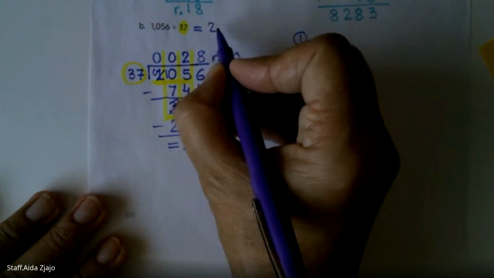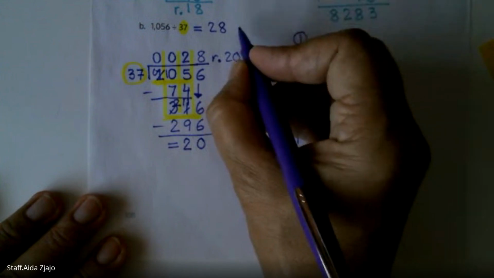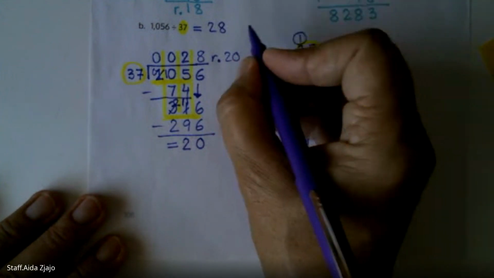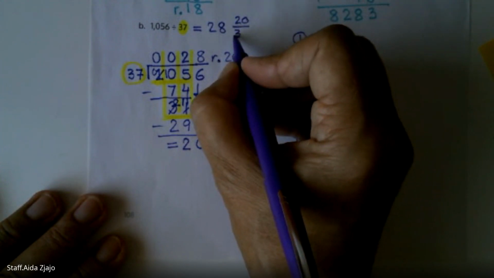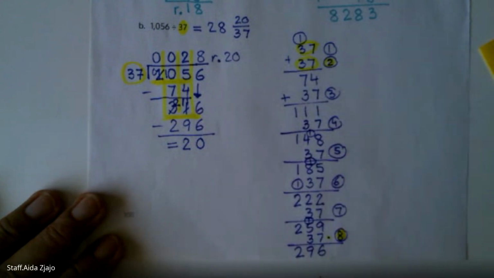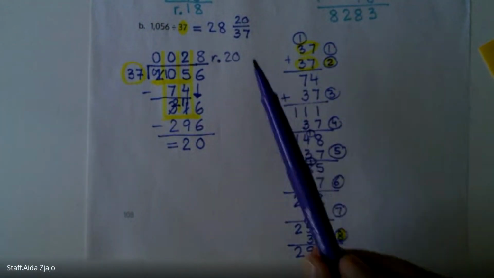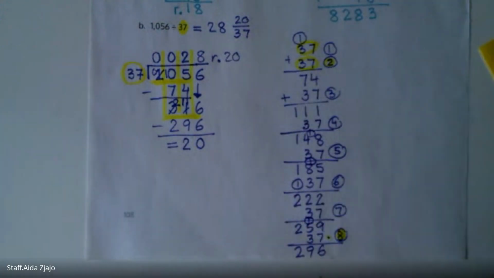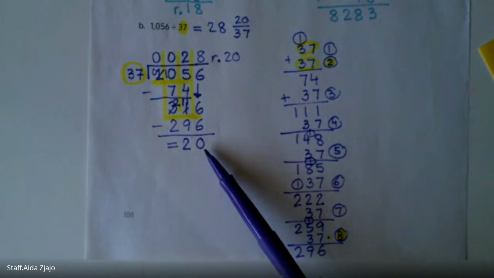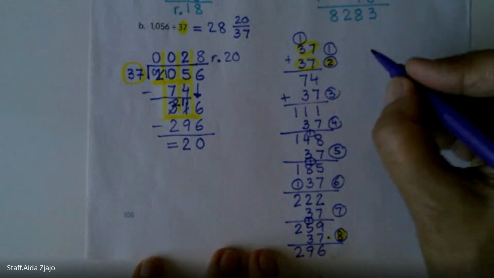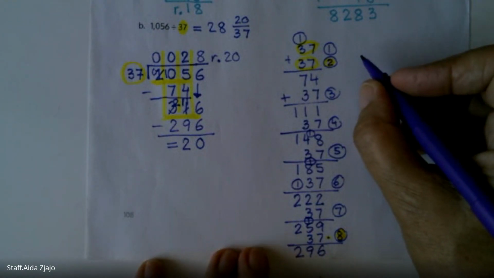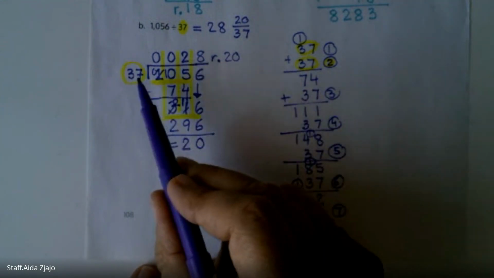So 28 and remainder 20. Sometimes fifth grade is needed to know that the remainder is 20 out of 37 as a fraction. So that is 28 and 20 out of 37. You couldn't make a new group. So now when you need to check, you can say, okay, I made 28 groups of 37.